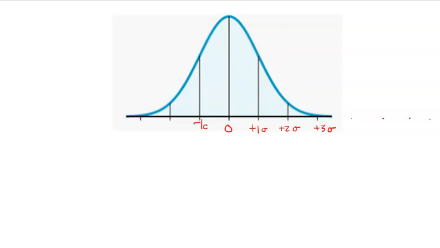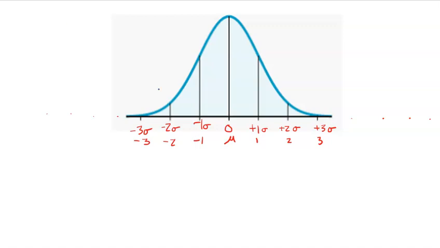Likewise, we could go down 1 standard deviation, down 2, or down 3. Again, it's very unlikely to be below 3 standard deviations. So the standard normal model has a 0 for the mean in the middle, and then a 1, a 2, and a 3 to go above, and a -1, a -2, and a -3 to go below.